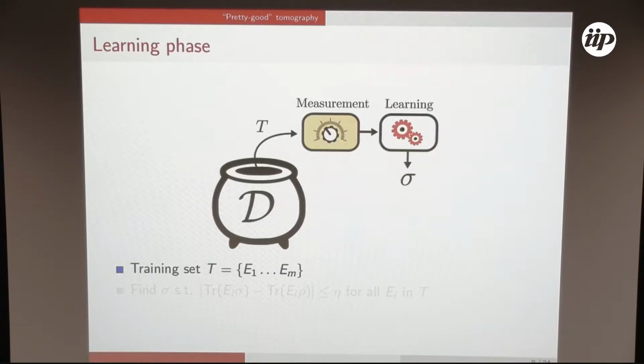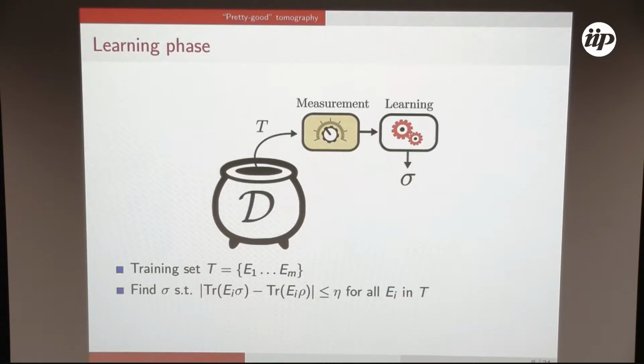Then we find an approximate density matrix sigma, which just has to be a density matrix such that its predictions do not differ from the ones made with the complete density matrix rho by more than a value eta.